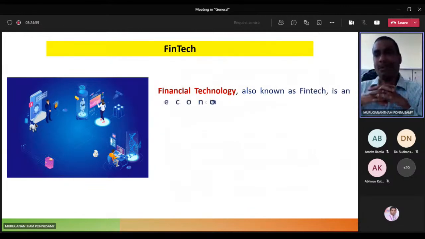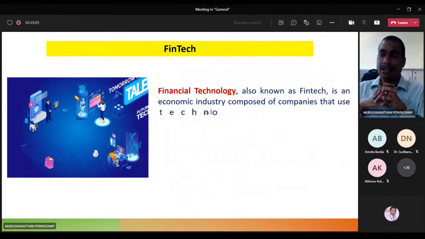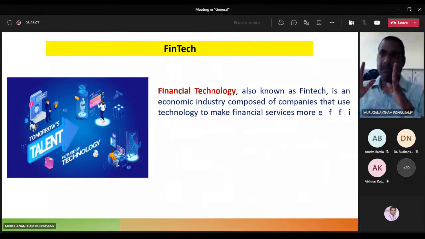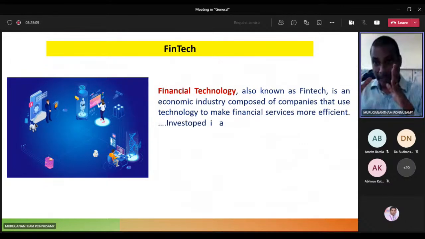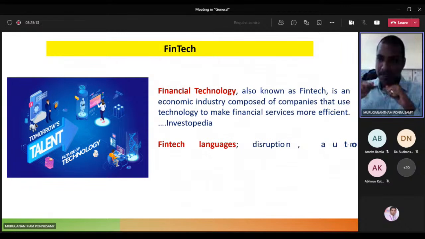When we talk about FinTech, financial technology, it requires software and modern technology. What is the purpose?